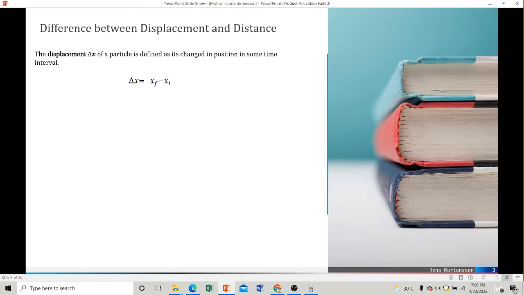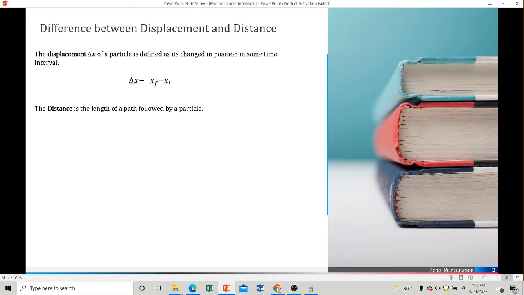Let us move to the difference between displacement and distance. The displacement, or delta x, of a particle is defined as its change in position in some time interval. So delta x is equal to the final position minus the initial position. The distance is the length of the path followed by a particle.